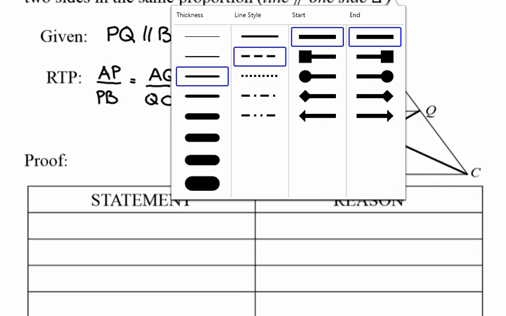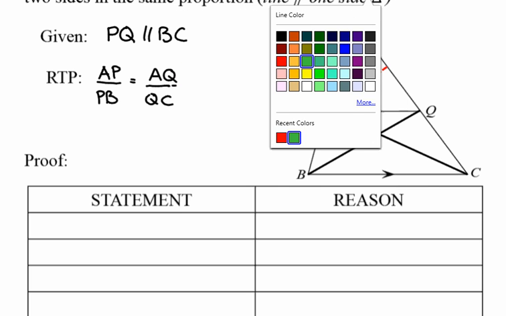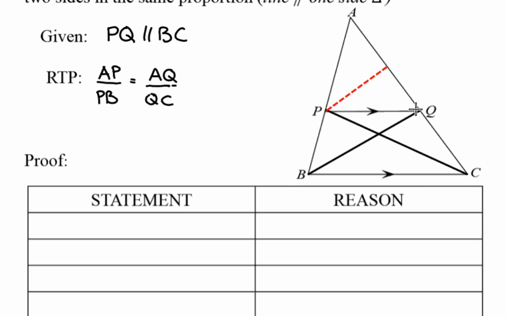And then I've also got an altitude coming from point Q, which I'm going to construct. And then I'm going to call the one H and call the other one K.